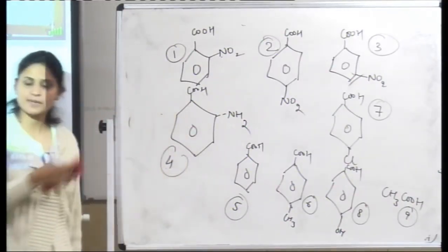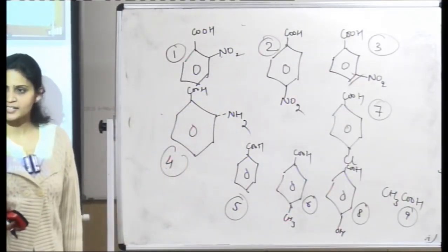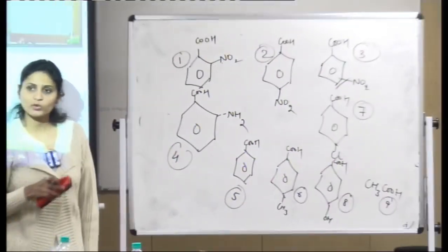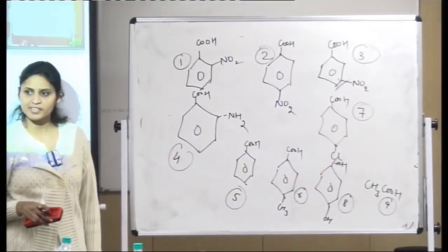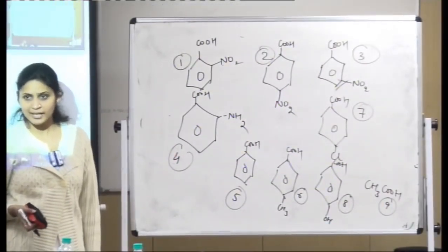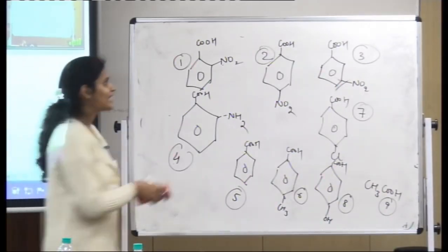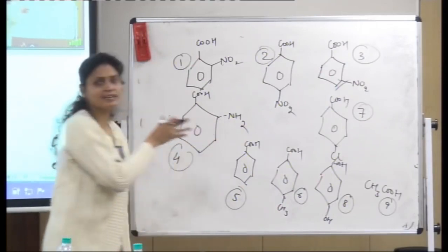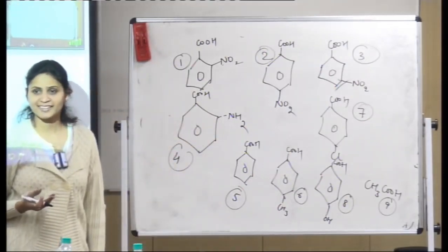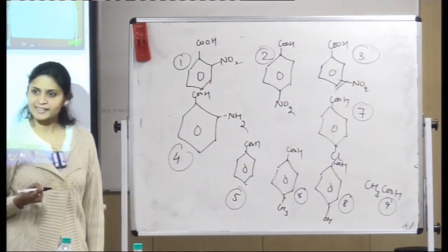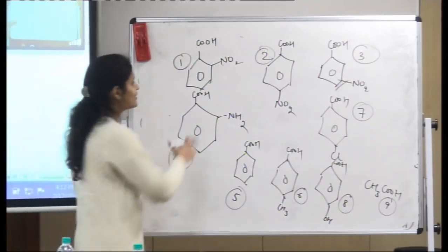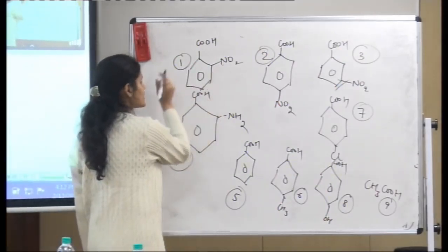Every substituent has a directing effect: whether they prefer the ortho and para positions or the meta position, whether the charge density is on the ortho and para. What kind of reaction will it undergo, nucleophilic or electrophilic? Electrophilic, right?